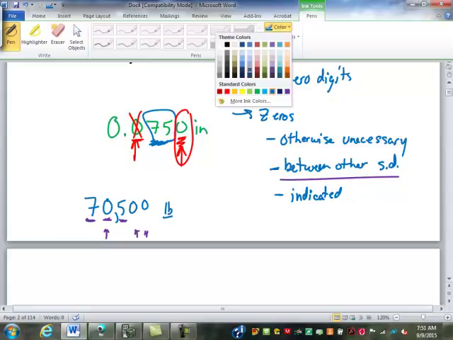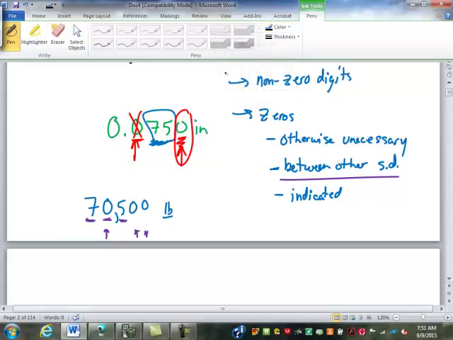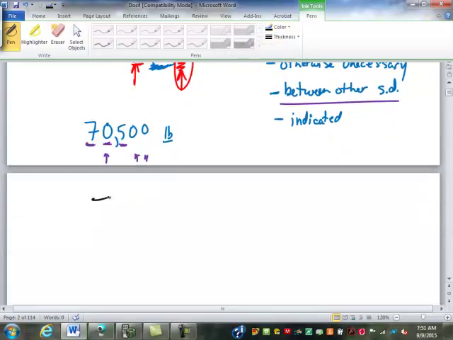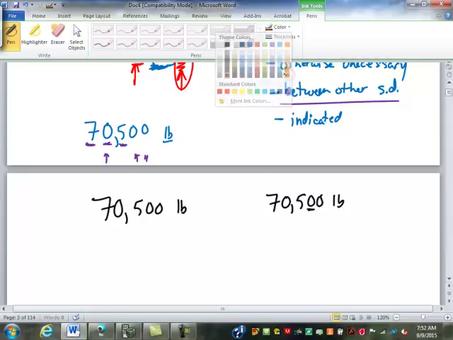So now what on earth does that mean? There's another new rule. Well, let's look at that 70,500 pounds. That line under the 0 there indicates that it's a significant 0. What does that mean?